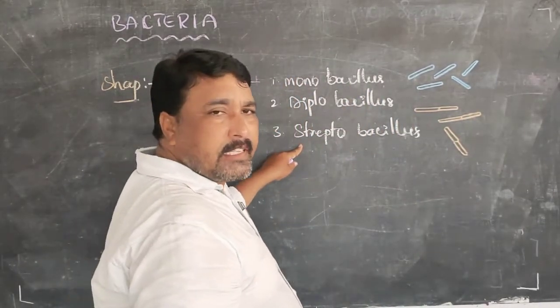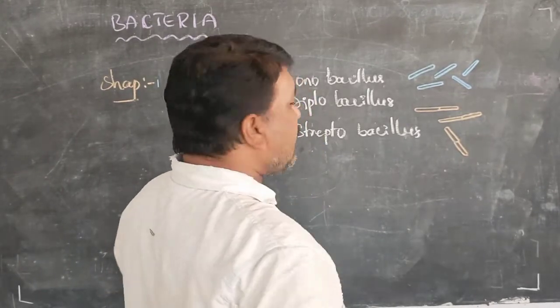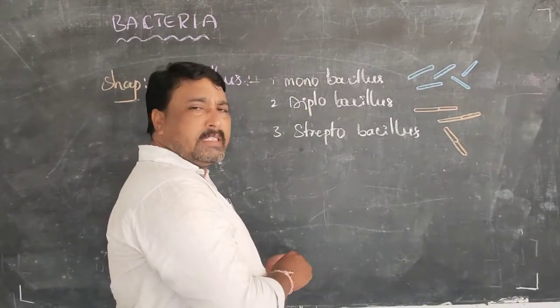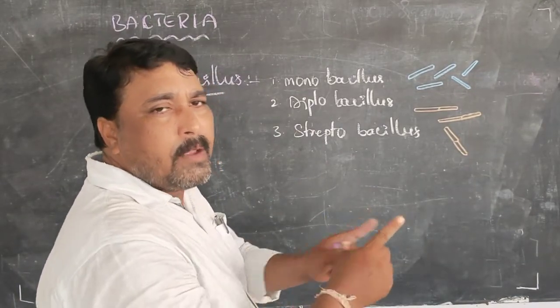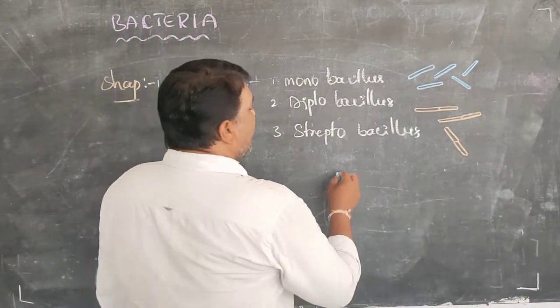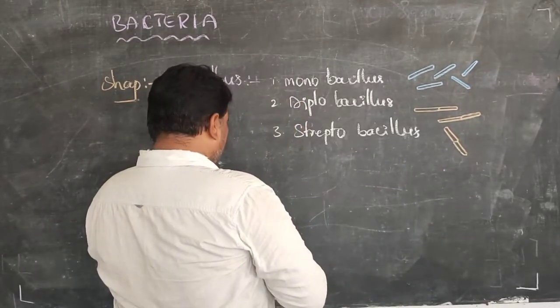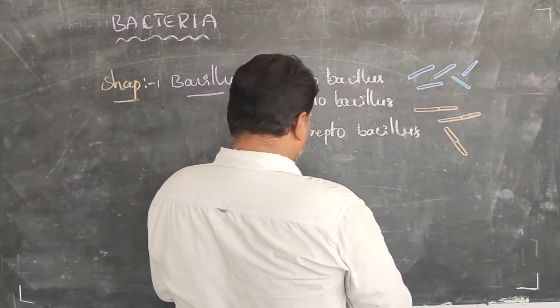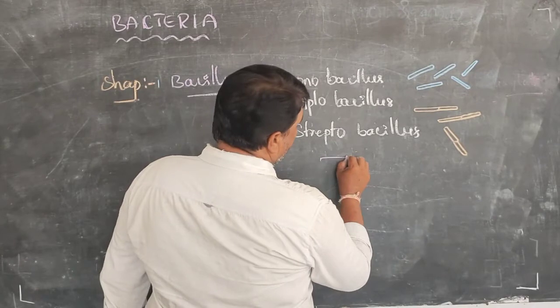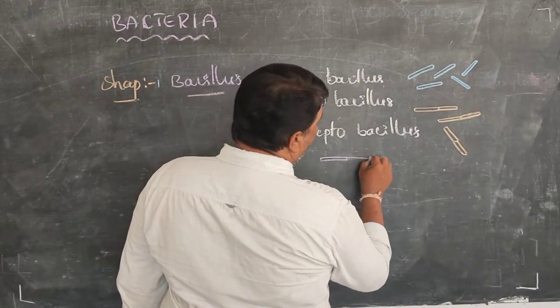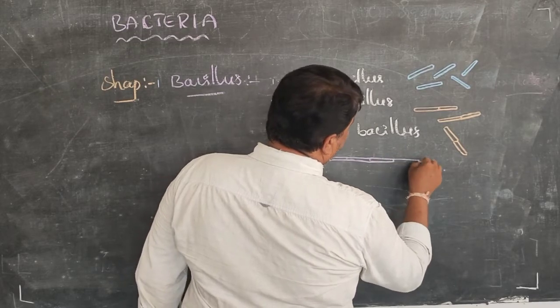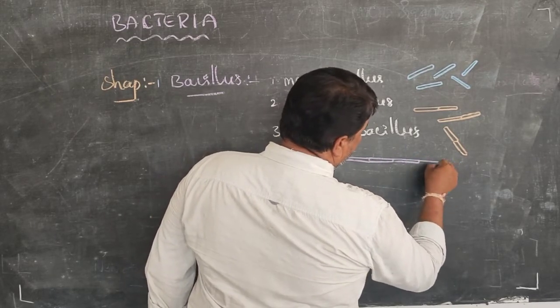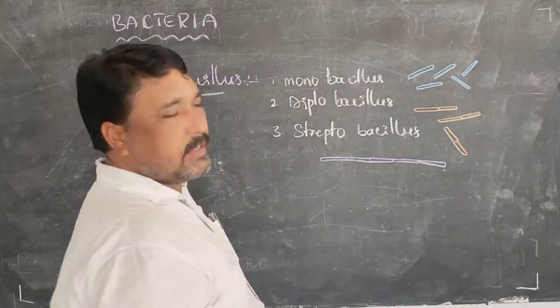Streptobacillus is like streptococcus. They look like single bacterial cells arranged one by one in a chain-like structure. It is made of long rod-like structures.